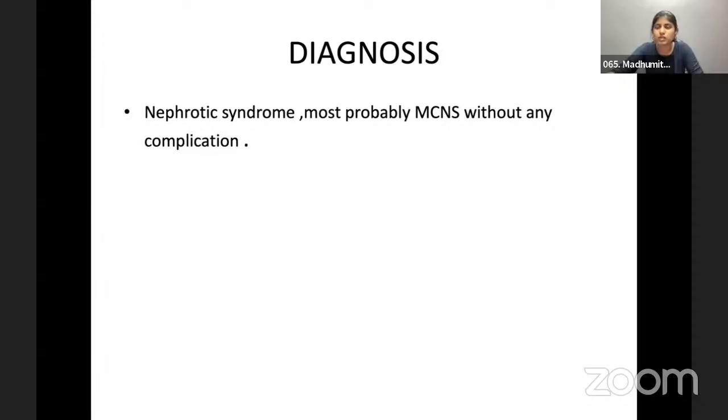Massive proteinuria, frothy urine. How do you define massive proteinuria? Nephrotic range of proteinuria, urine dipstick greater than 3 plus in 3 consecutive early morning specimens. The child should have been in remission previously. Exactly. This is very important.